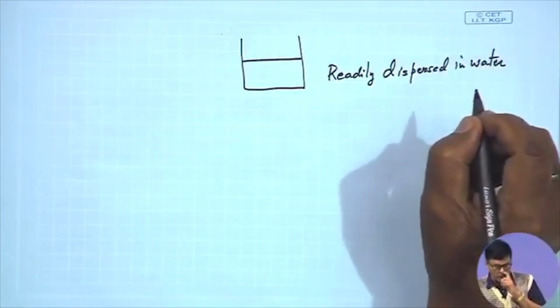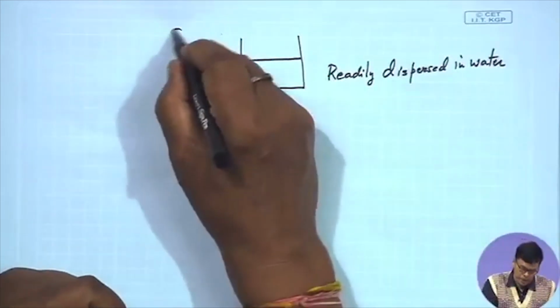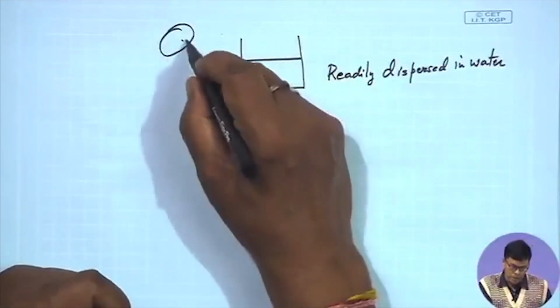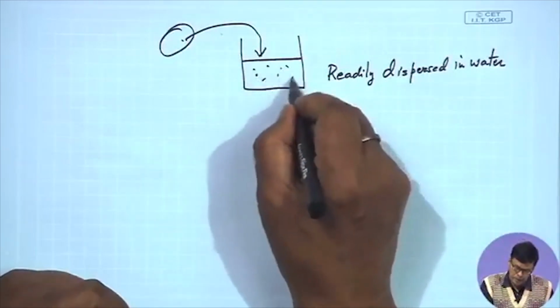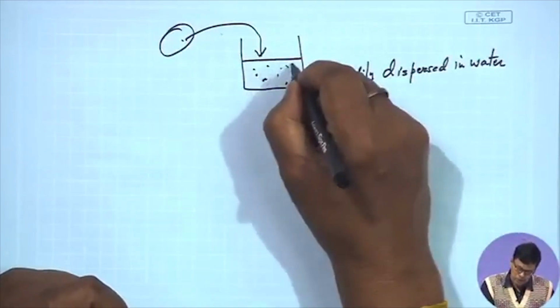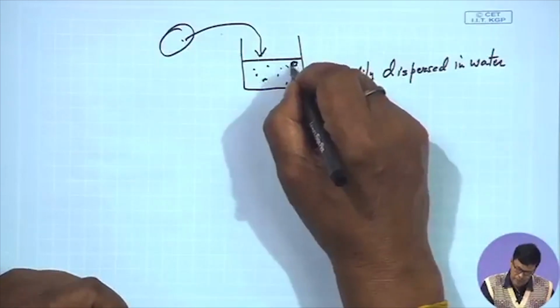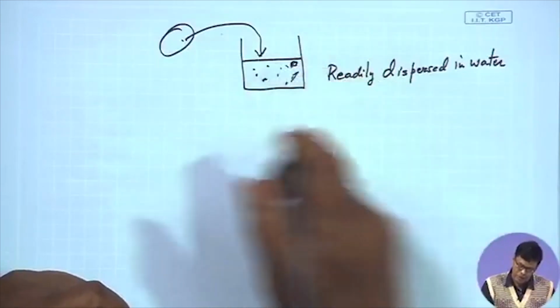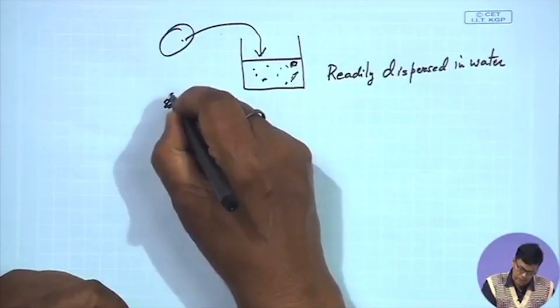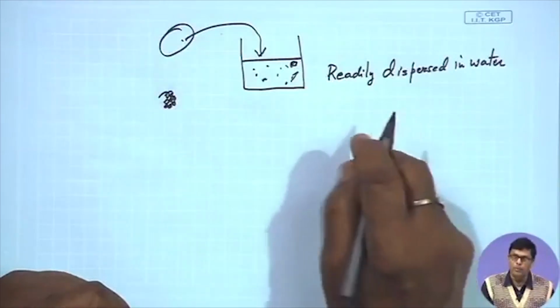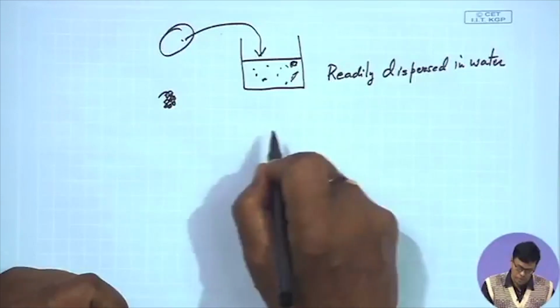Now, what does it mean? Suppose we have yeast cells here, and we make a cell suspension here. Suppose some clusters of cells are like this, and a cluster of cells means a lot of cells binding together like this. I told you this is used for bread making.